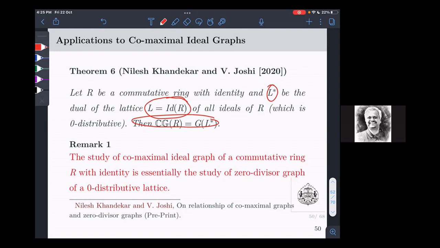Just simply look at the zero divisor graphs of ordered sets. And since this graph is weakly perfect, yes, CGR is also weakly perfect. And a lot of things which are true for zero divisor graphs of ordered sets, I can directly apply to co-maximal ideal graphs also. So again, this is the very nice part of it.